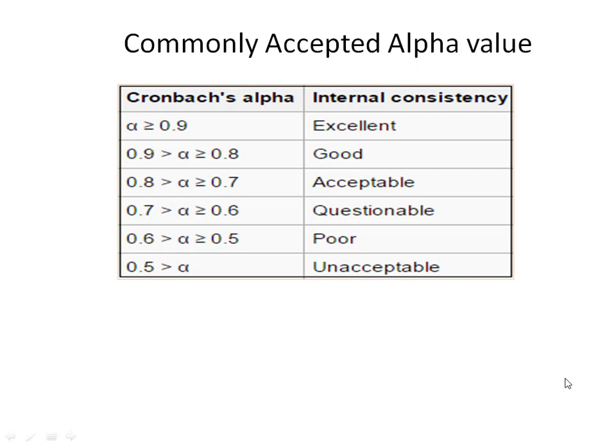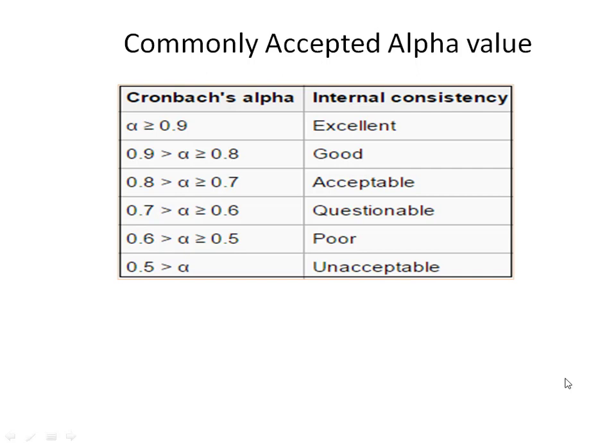Here are the commonly accepted alpha values. If the alpha value is greater than 0.9, the instrument is excellent. A value between 0.9 and 0.8 means the instrument is good.